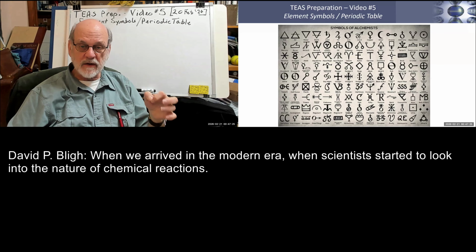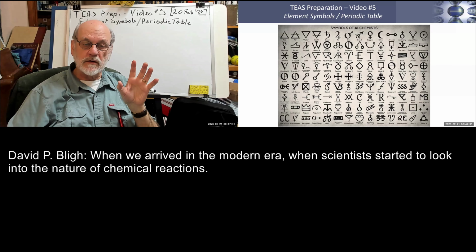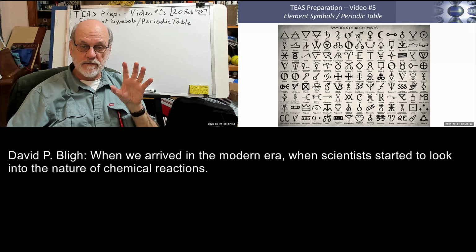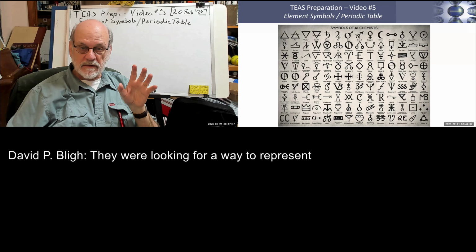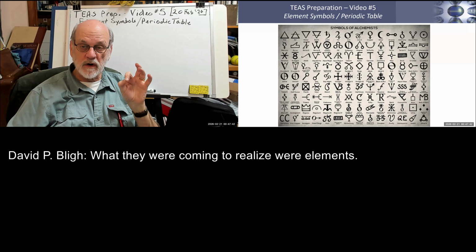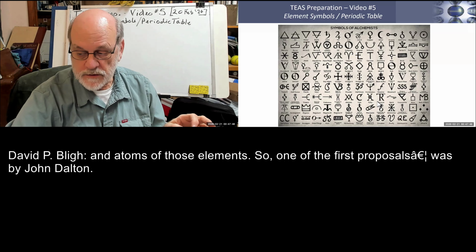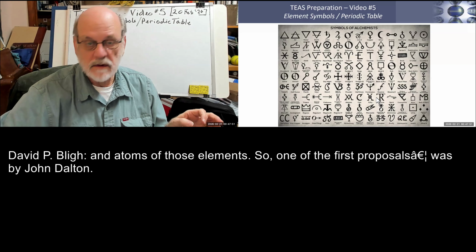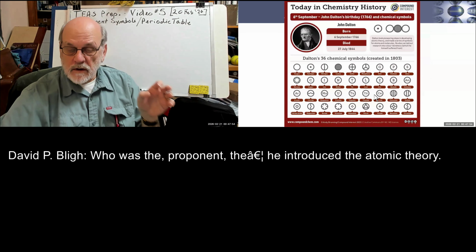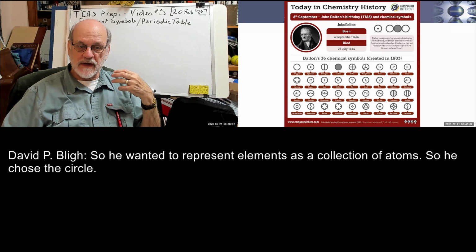When we arrived in the modern era, when scientists started to look into the nature of chemical reactions, they were looking for a way to represent what they were coming to realize were elements and atoms of those elements. So one of the first proposals was by John Dalton, who was the proponent. He introduced the atomic theory. So he wanted to represent elements as a collection of atoms.